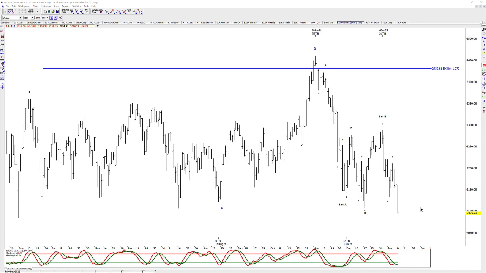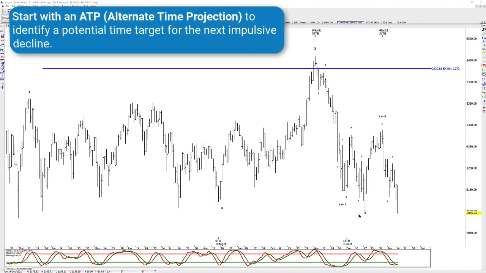So let's make some time targets and see a potential time target on the downside where we might get, we'll call it support. A couple simple things that we do is alternate time projection and then either high, high, low, low, something along those lines. So let's do the alternate time projection first. That's usually the first one that I do.